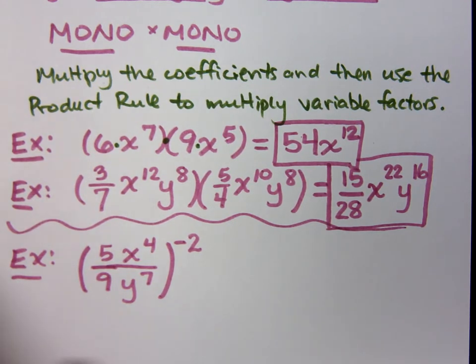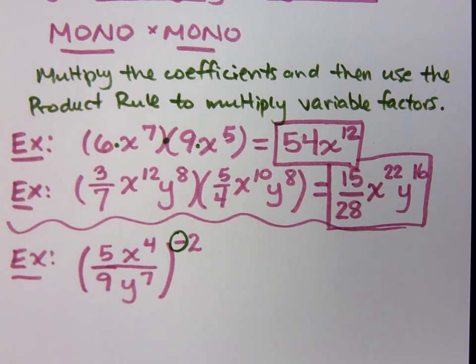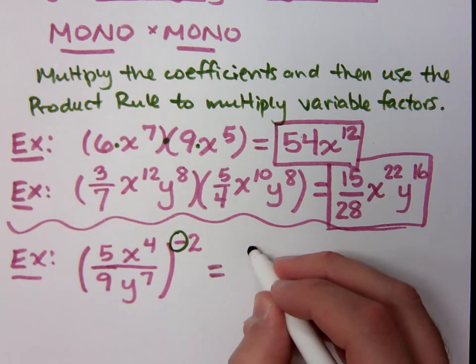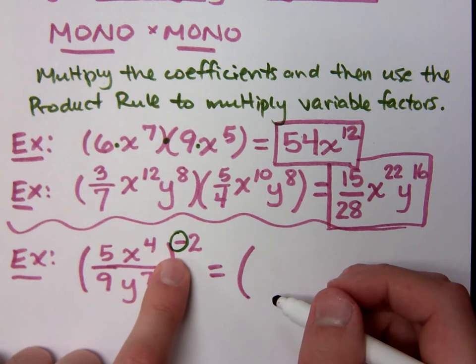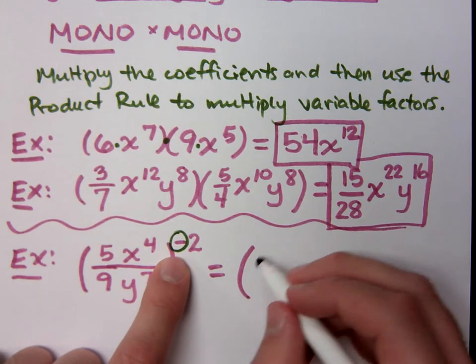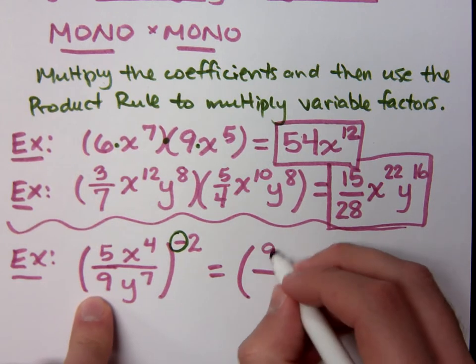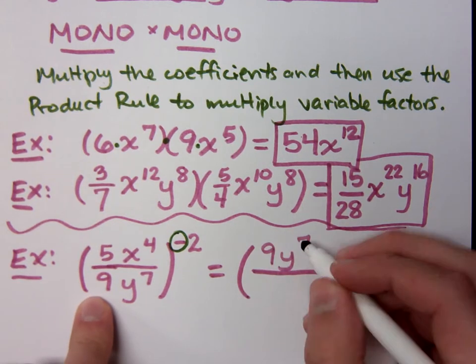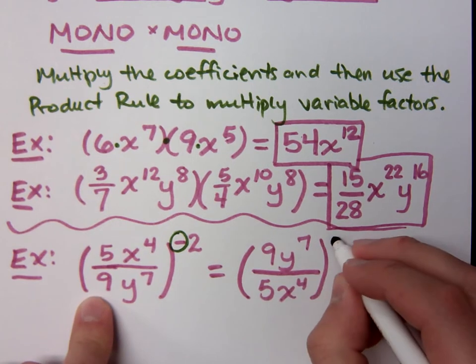What we saw yesterday is that when we have a negative exponent, especially when you have a fraction on the inside, go ahead and use that negative to make the expression on the inside the reciprocal. So just flip it over: 9y to the 7th over 5x to the 4th, and this is now to the positive 2nd power.